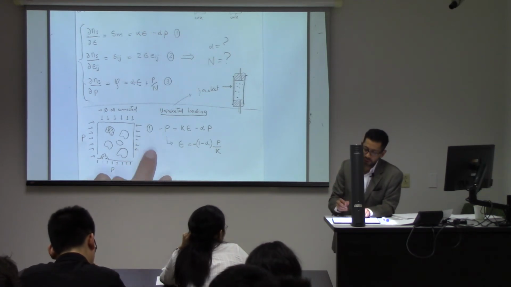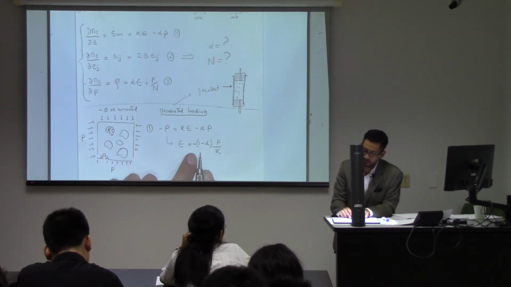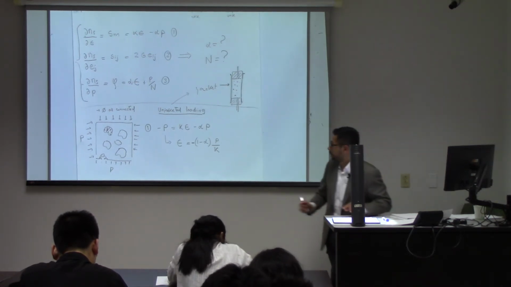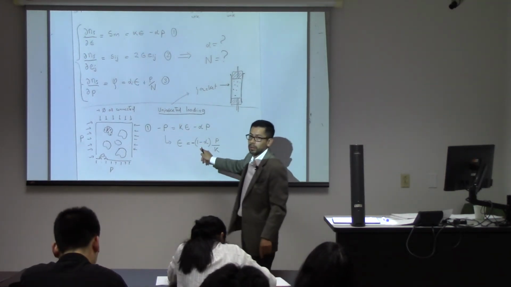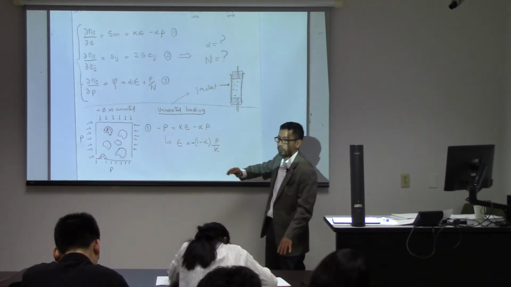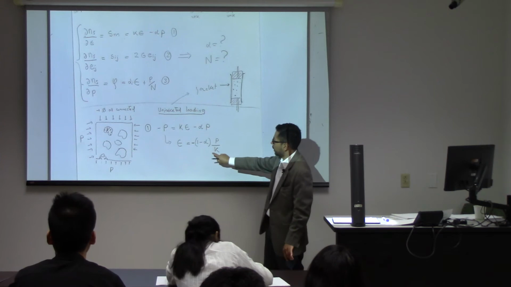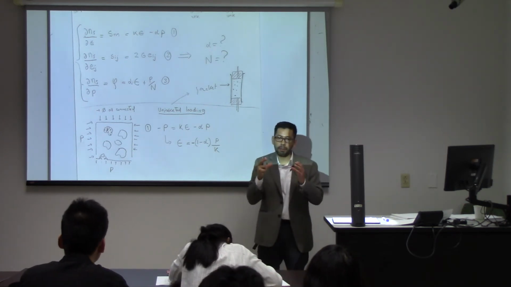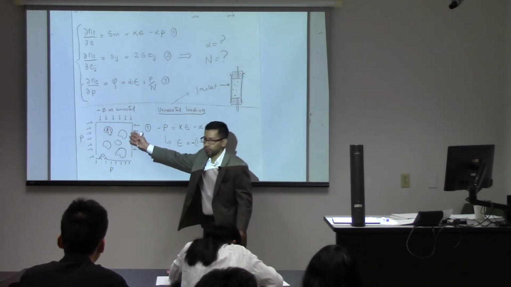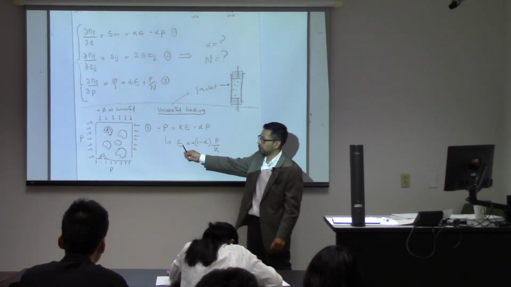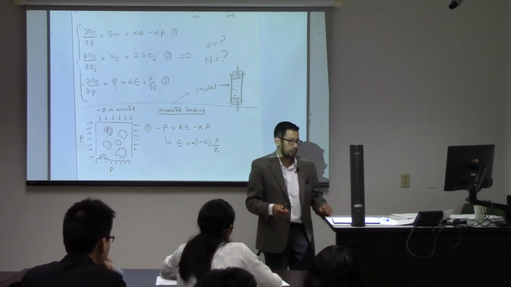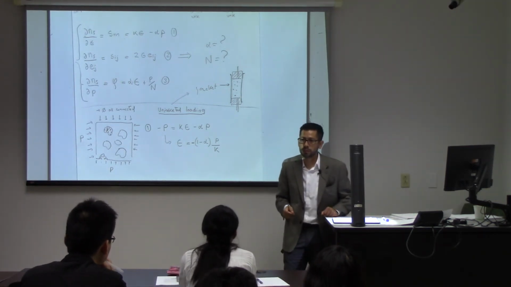It's more meaningful to write it like this, because we're going to see later that this alpha is less than 1. We don't know that yet, but I'm going to show you in a bit. If I apply unjacketed loading with just pore fluid pressure from everywhere, what do you think is going to happen to the porous solid? Is it going to get smaller, get bigger, or stay the same size?